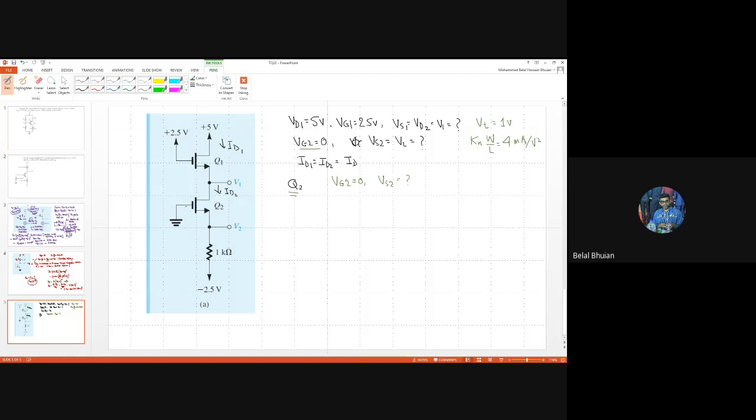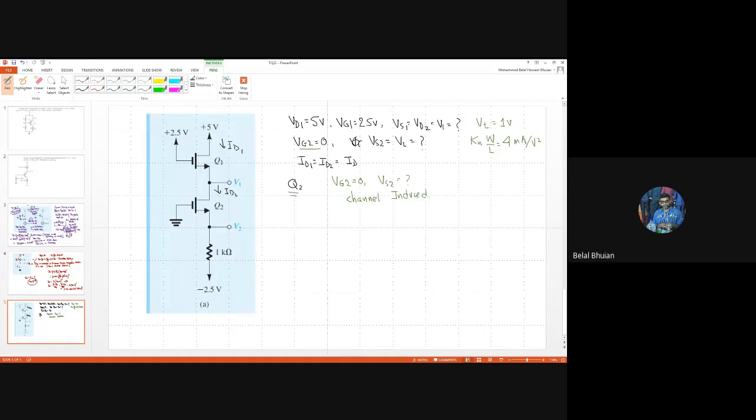Now notice, the gate terminal is bigger than the source terminal by more than 2.5 volts. So this way I can say a channel is induced. So one thing is sure, that we have a channel induced.